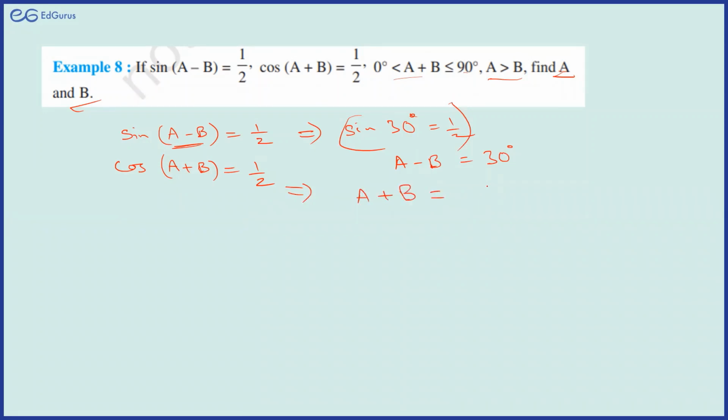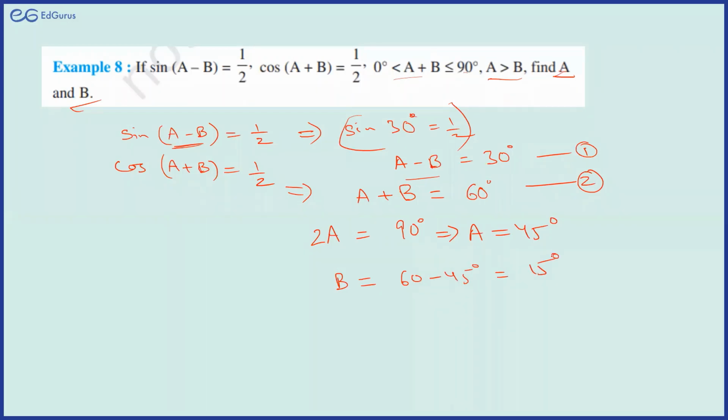So A plus B is equal to 60 degrees. Now from 1 and 2, if I just add 1 and 2, I get 2 times A is equal to 90 degrees. So A will be 45 degrees. And if I use any of these equations, B will be 60 minus 45, so this will be 15 degrees.